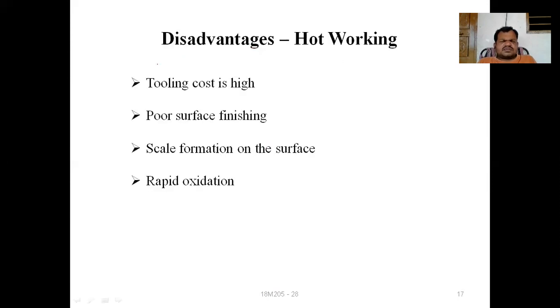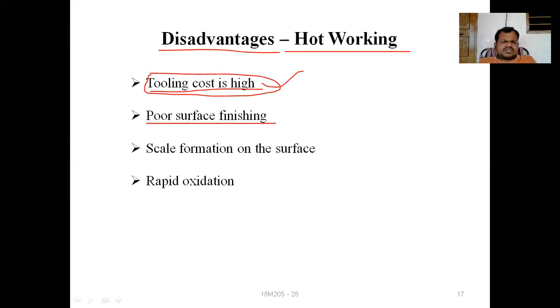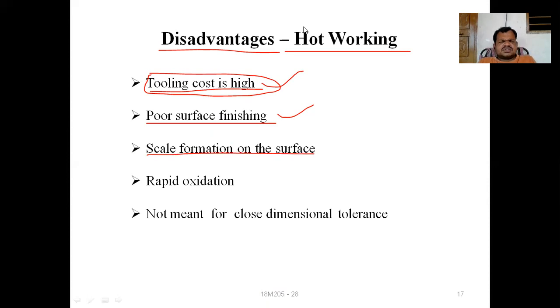Coming to disadvantages of hot working. Tooling cost is high. This is very important before choosing the hot working process. Tooling cost is very high, and poor surface finishing, and scale formation on the surface.